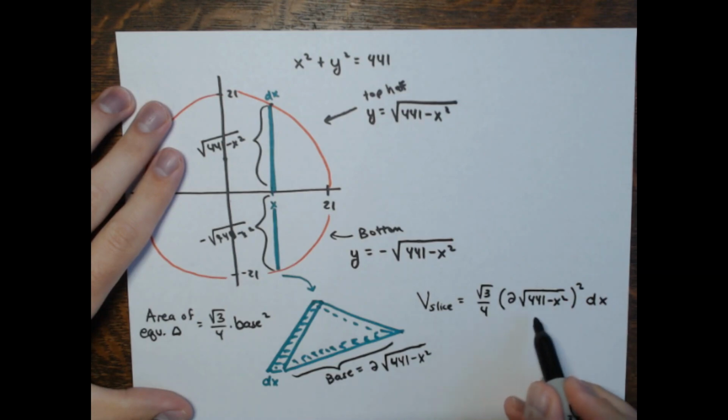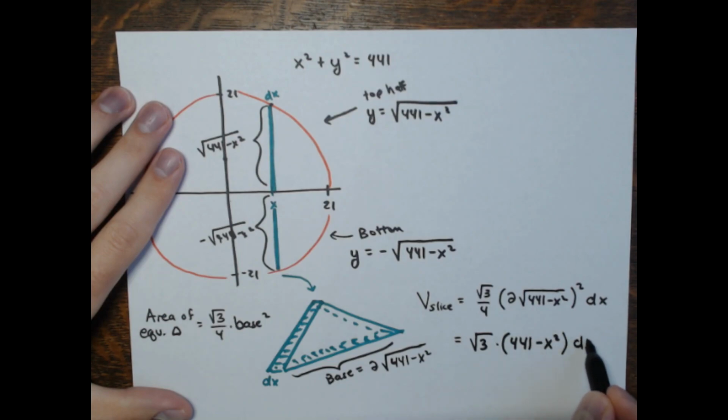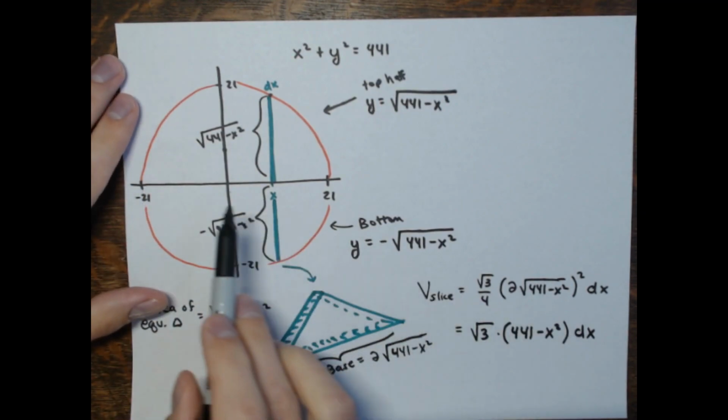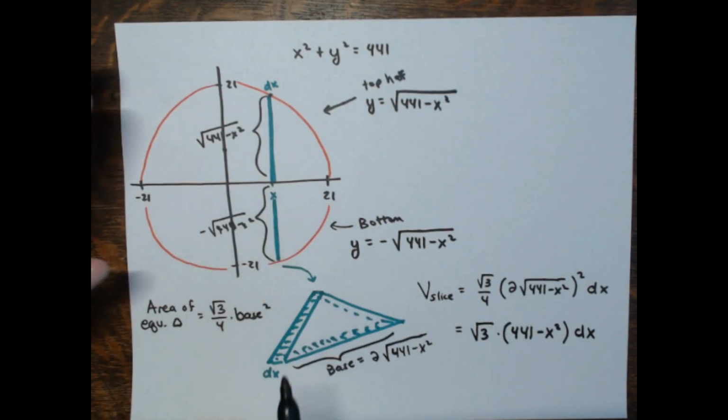The area of the cross section times the thickness. Now, if I simplify this a tad, when I square the 2, that'll be 4, that'll cancel with this 4, so I have just the square root of 3 out here. And then square root squared, gone. So I have just times the quantity 441 minus x squared, times the thickness, dx. And I'll be integrating this from negative 21 to 21.